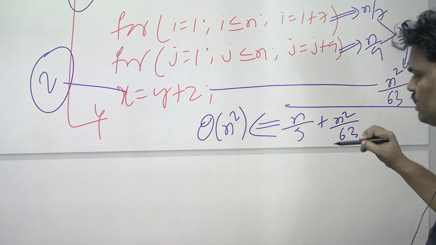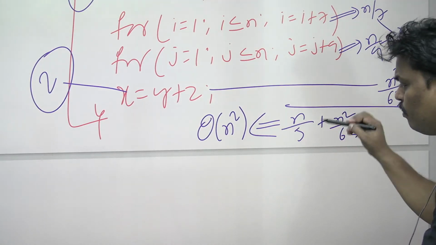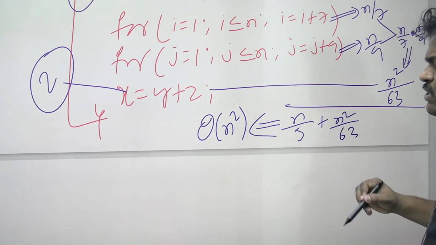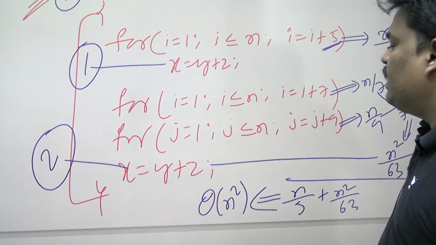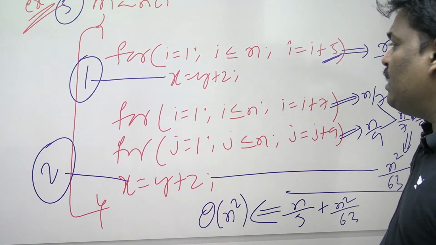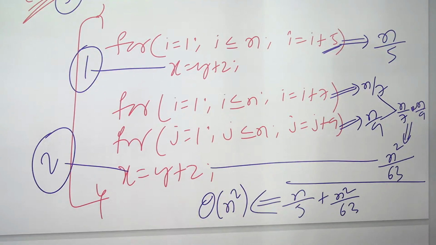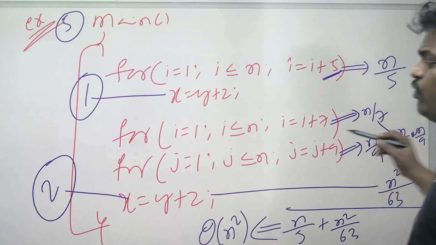Forget about constants. Two functions are there, n and n square. Whichever is bigger, you take. The bigger one is n square, so the time complexity of this program is theta of n square. The first statement executes n by 5 times. The second statement is n square by 63, because inner loops multiply.